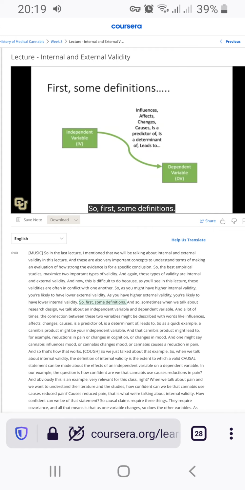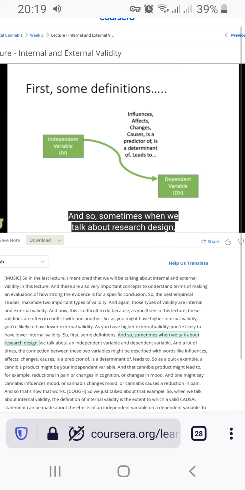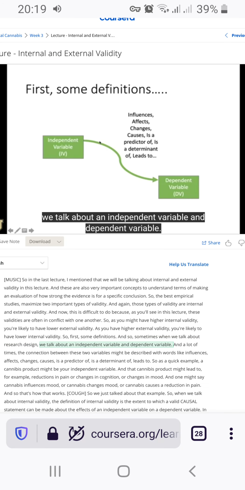So first, some definitions. Sometimes when we talk about research design, we talk about an independent variable and a dependent variable. And a lot of times the connection between these two variables might be described with words like influences, effects, changes, causes, is a predictor of, is a determinant of, leads to.